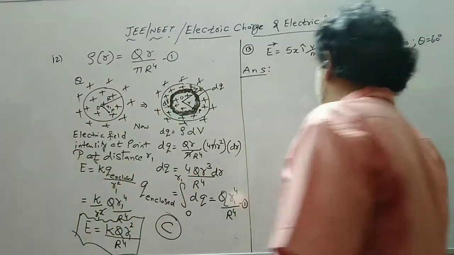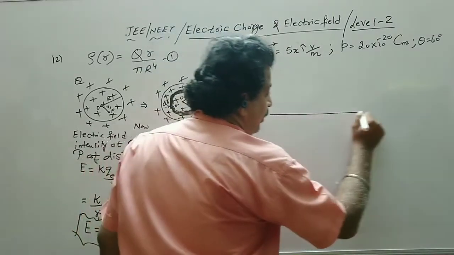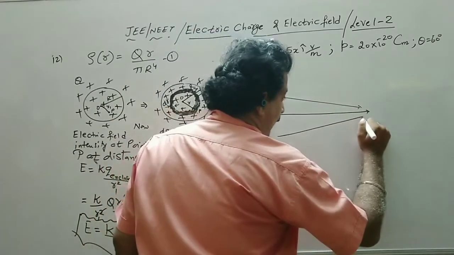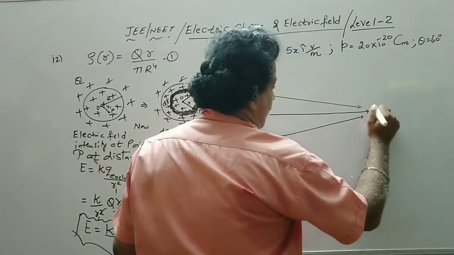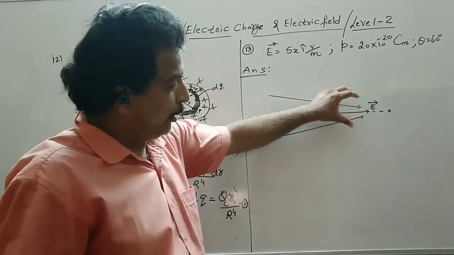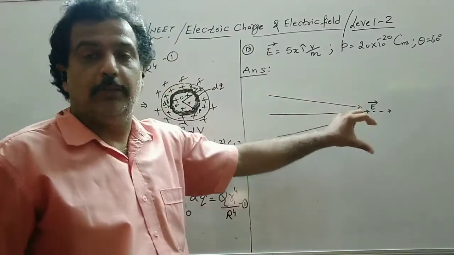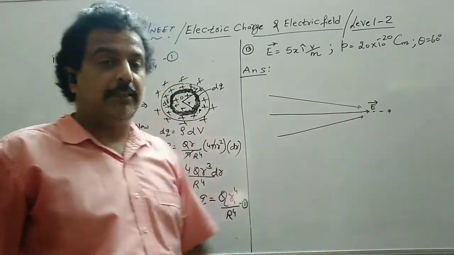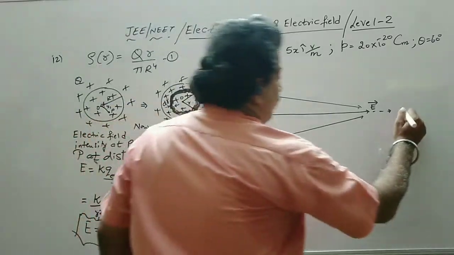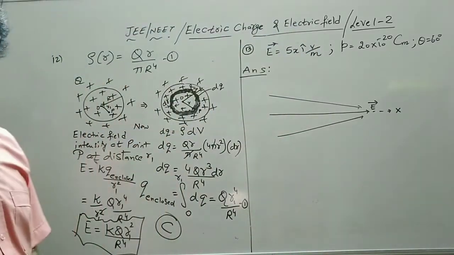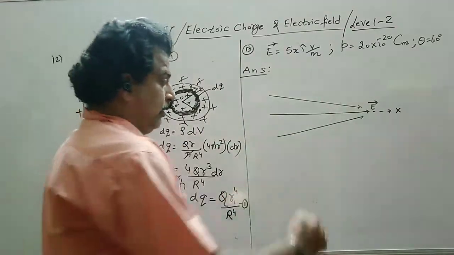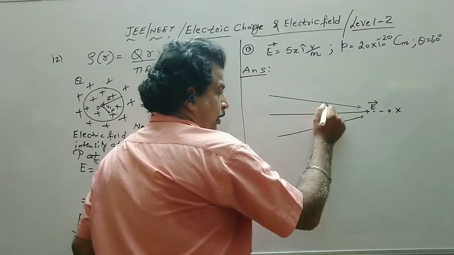So let us assume that the electric field is increasing along the x-axis. So this is the electric field intensity, which is non-uniform, and the field lines are getting closer, means the intensity is more at this point. So as we move along the x-axis, the electric field intensity is increasing. Now we have to place a dipole making an angle theta. So let us draw a dipole.